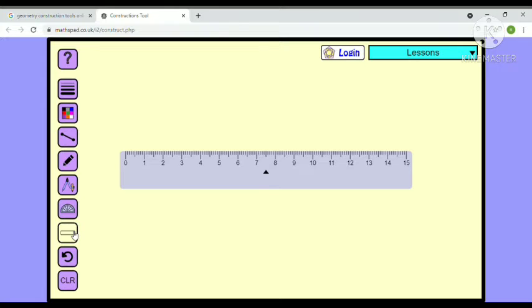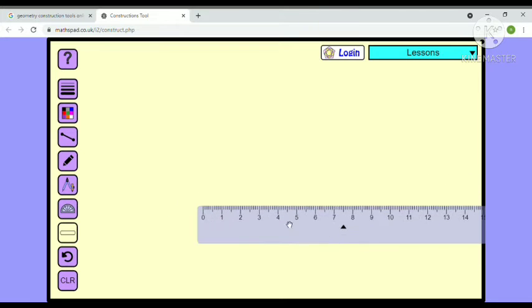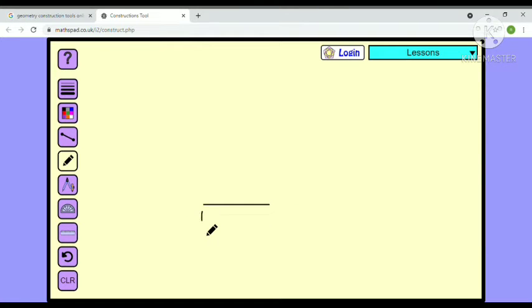Step 1. Draw PQ equal to 3.5 centimeter. So let us take a ruler and draw 3.5 centimeter and let us name it as P and Q. Second step is, with P as center, draw an arc with radius 4.5 centimeter.